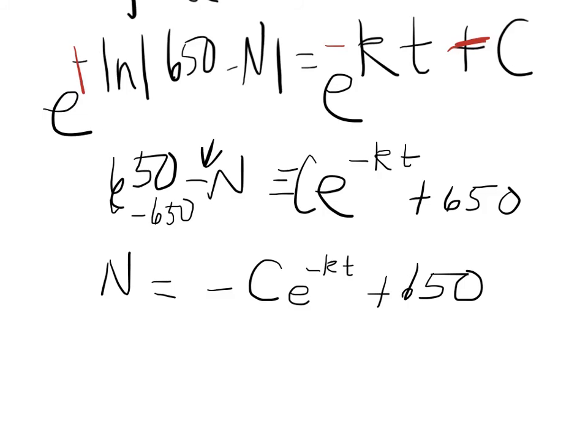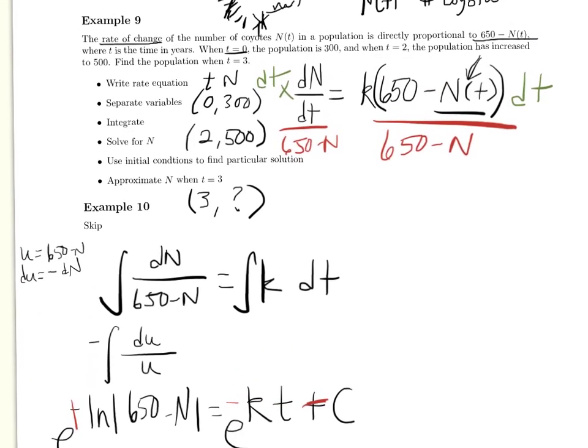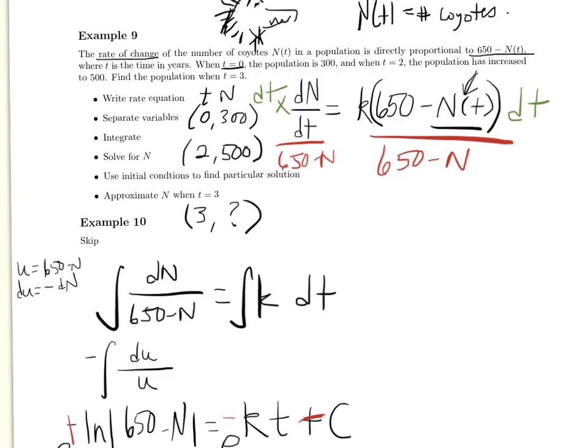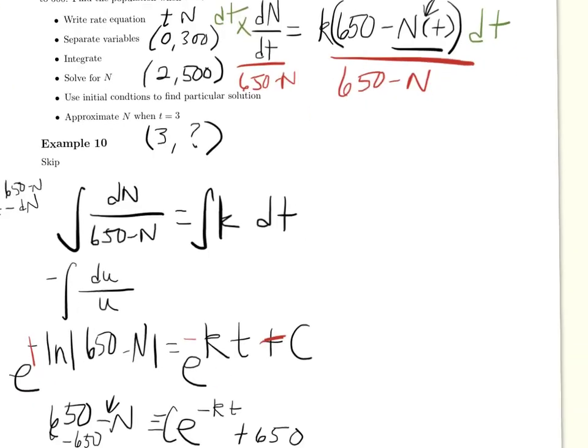Looking back at our problem, we want to find the population when t equals 3, so we need to actually solve for our constants.